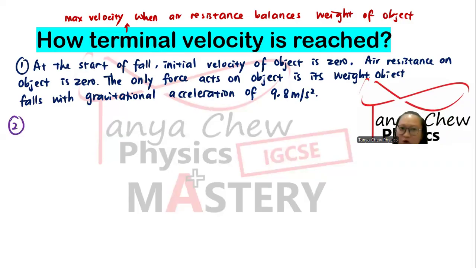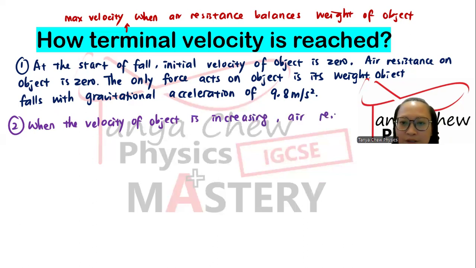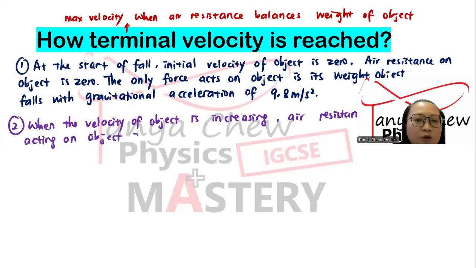Right, second stage. Once the object is falling, the speed is going to increase. When the velocity of the object is increasing, air resistance acting on the object increases.